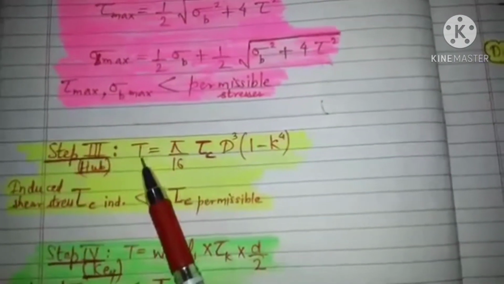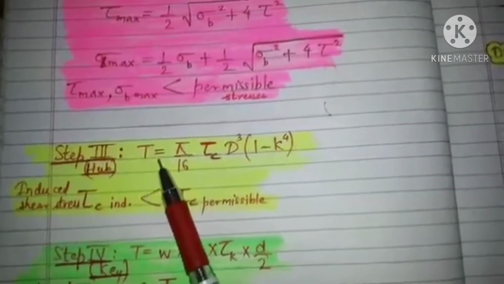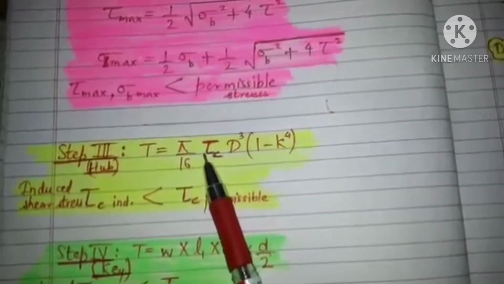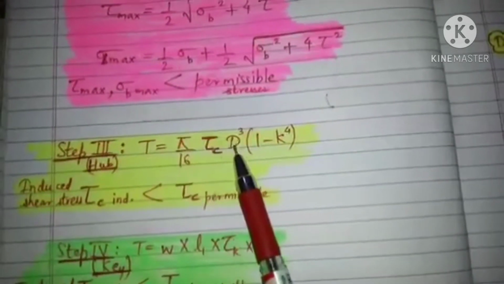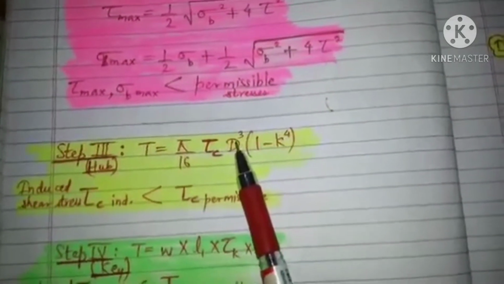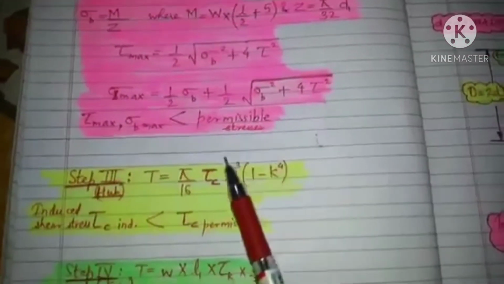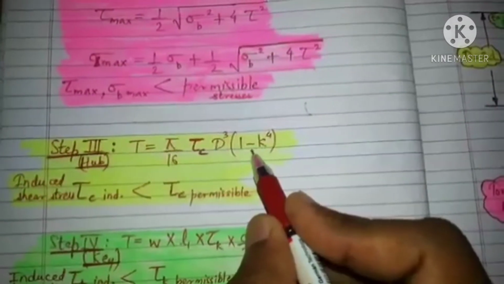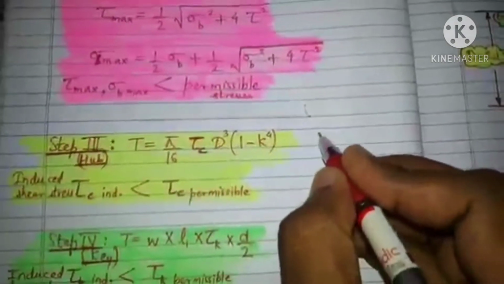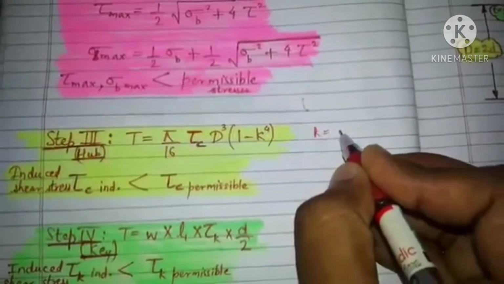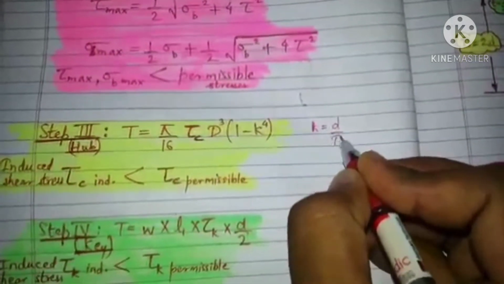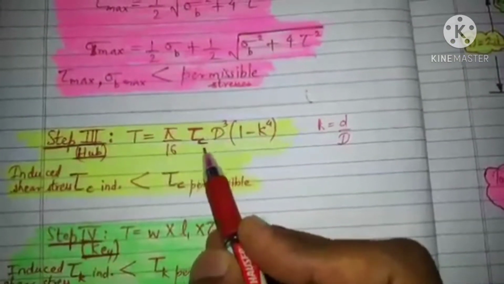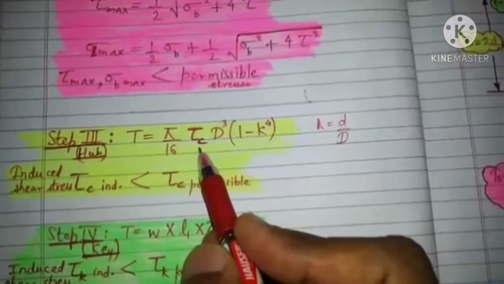So here T, that is the torque, is equal to pi by 16 times the shear stress induced in the hub, times D cubed, where D is the diameter of the hub, multiplied by 1 minus k raised to 4, where k is equal to small d divided by capital D. Here it is written C because the hub is made of cast iron.